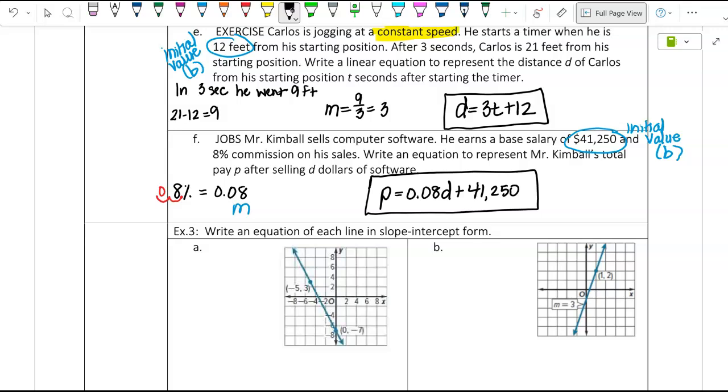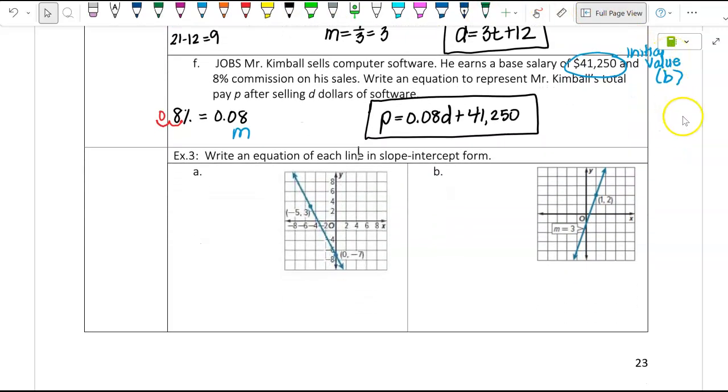And in the last set here, we're writing equations from graphs. So we're going to use the graph to determine the slope and the y-intercept.